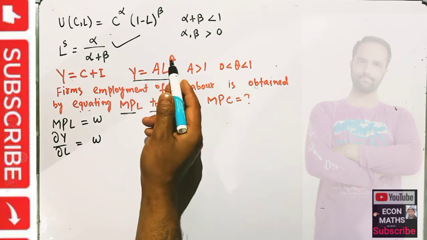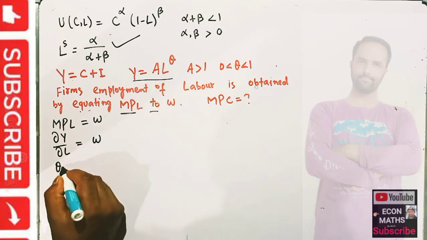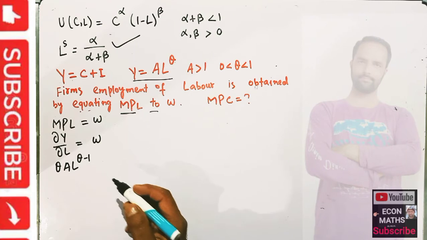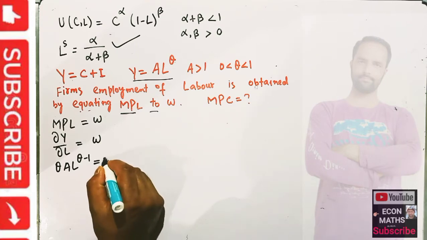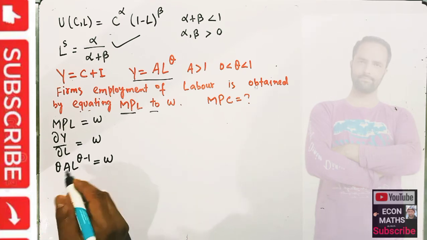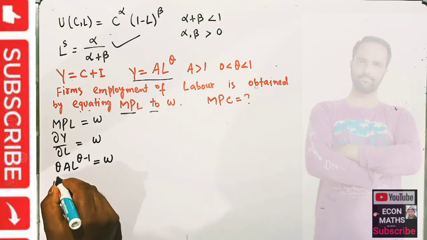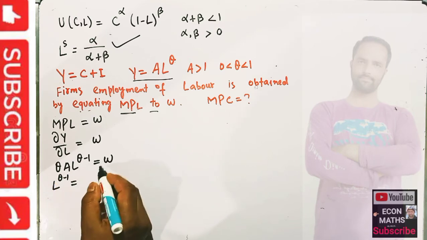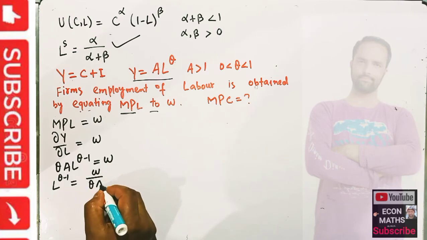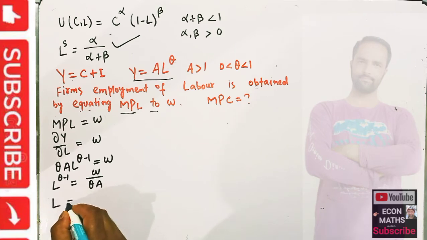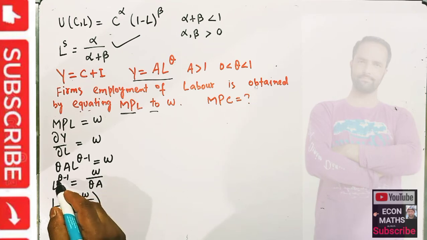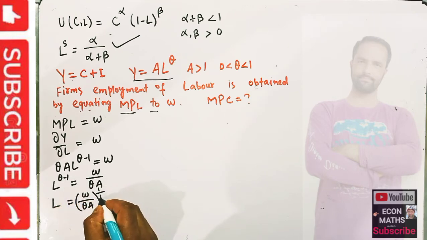Now taking the derivative of this function with respect to L, we have theta A L to the power theta minus 1. So this theta becomes the coefficient and the power is subtracted by 1 by the power function rule, and it should be equal to w. Okay, that means let us solve this for L. So L to the power theta minus 1 is equal to w upon theta A, or L is equal to w upon theta A raised to the power 1 upon theta minus 1.